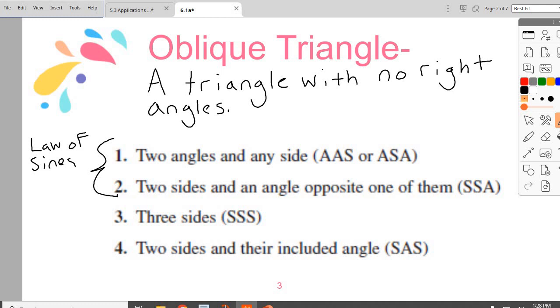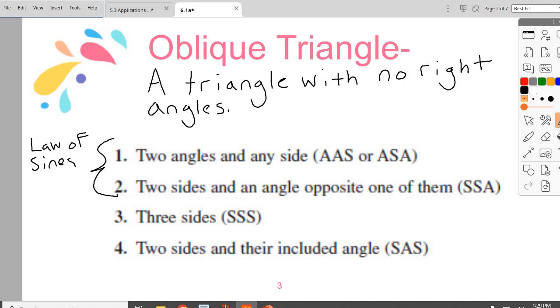Now, looking at those three triangles at the bottom where it asks us to classify, we need to be able to identify which case we have. On this first one, what are we given? Angle, side, angle.